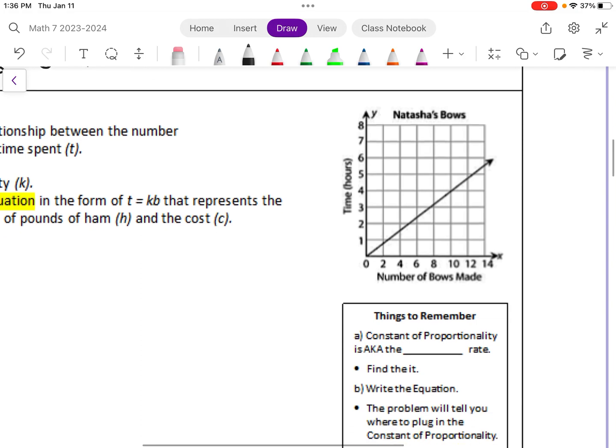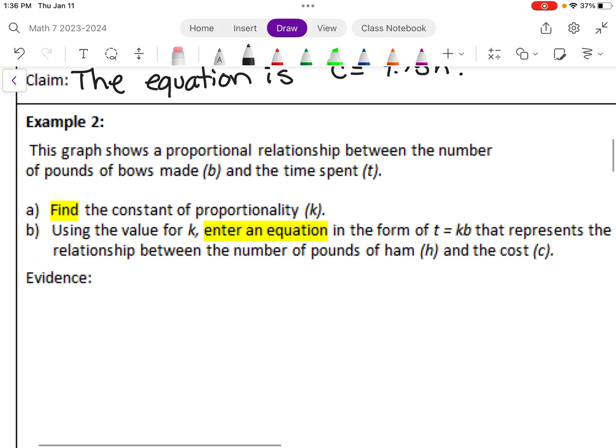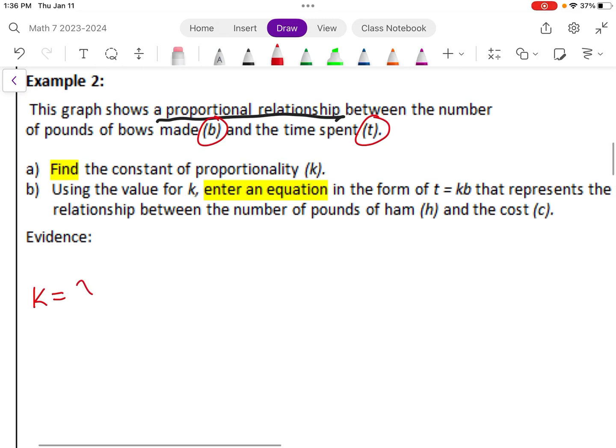Right here, I'm going to skip this because it's the same thing as the other one. I'm going to go straight into the example. This example says, this graph shows the proportional relationship. Again, it's telling me that it's proportional, between the number of pounds of bows, which is B, and the time spent, which is T. It says find the constant of proportionality. K is equal to y over x.